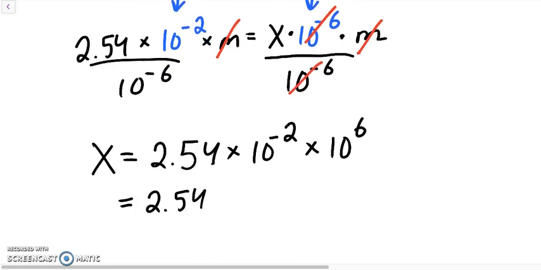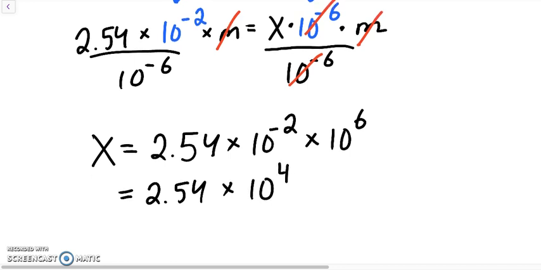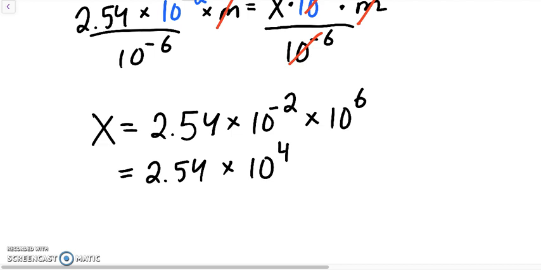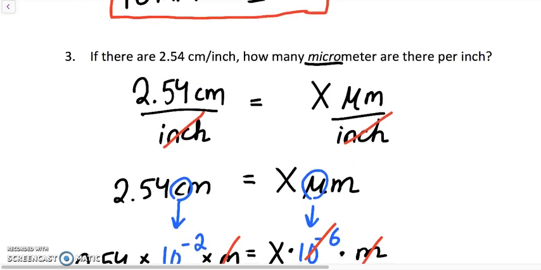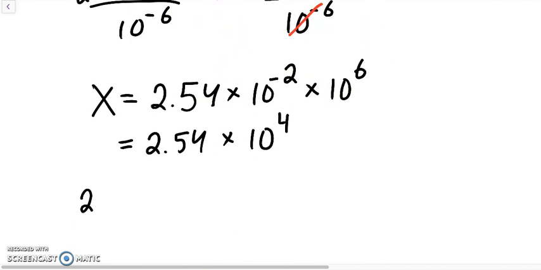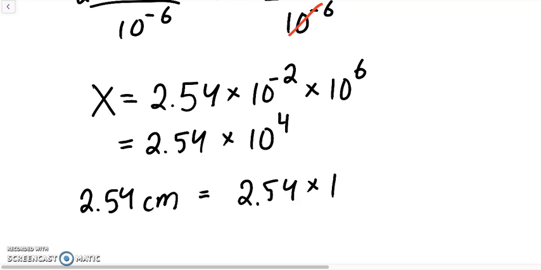So adding those two exponents together gives me 10 to the 4th. So my final answer is going to be 2.54 centimeters is equal to 2.54 times 10 to the 4th micrometers. And that's it.